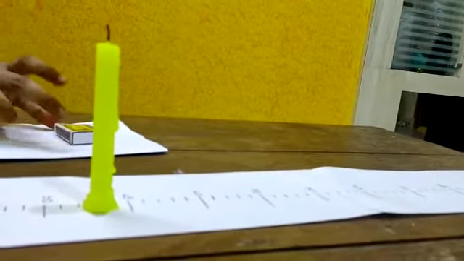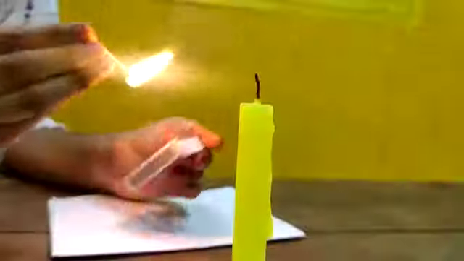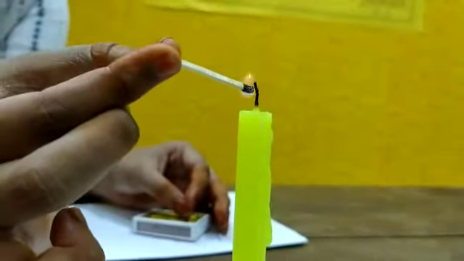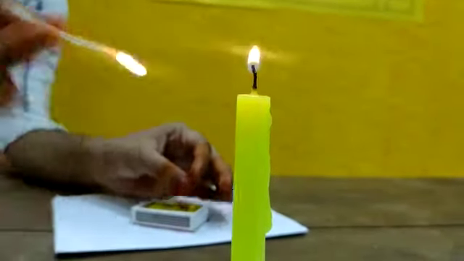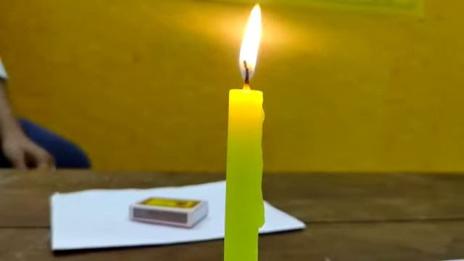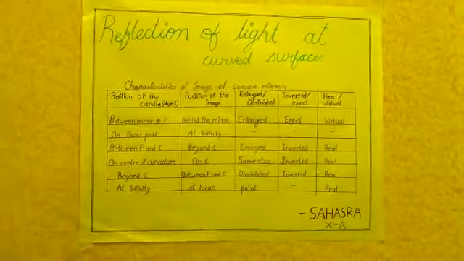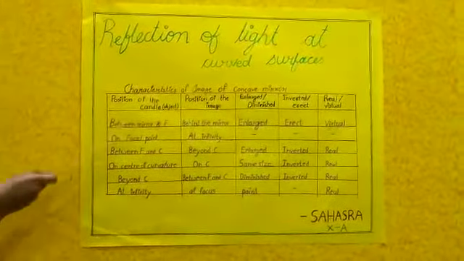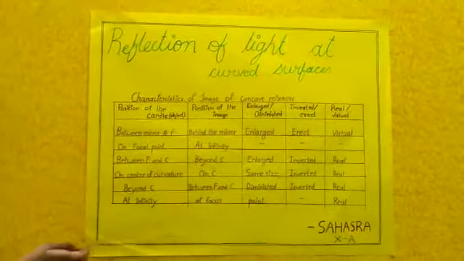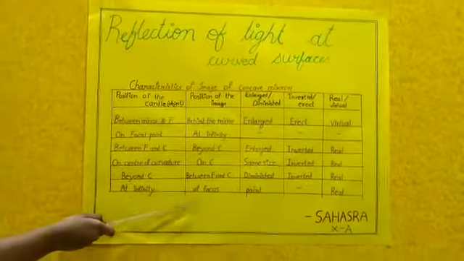First, let us light the candle. So here the first position is at infinity. If the object is at infinity, the image will be formed at the focal point.